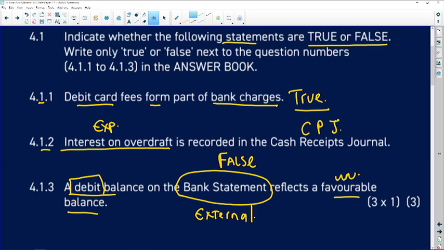So clearly, this particular statement is false. Okay, right, 3 statements, 3 easy marks. Guys, just a reminder, please always read through the statement carefully before you decide whether it is true or false.